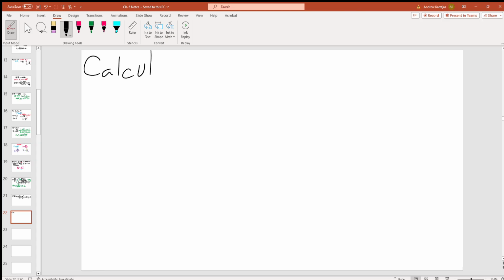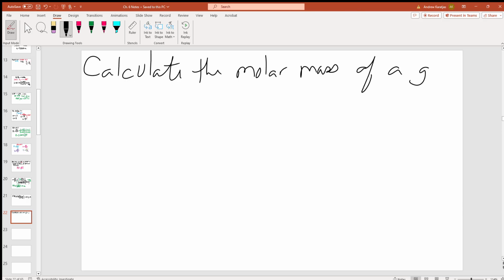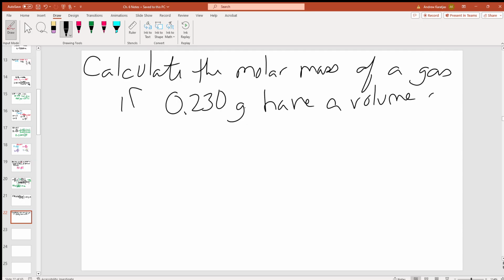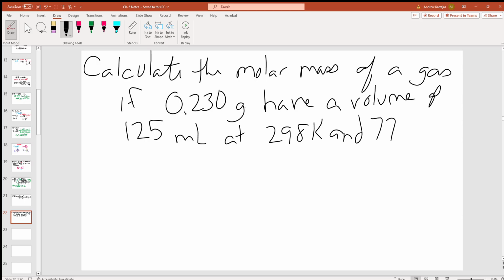Calculate the molar mass of a gas if 0.23 grams have a volume of 125 milliliters at 298 Kelvin and 775 millimeters mercury.